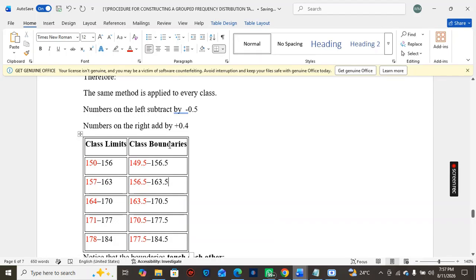The numbers on the left, subtract 0.5. Then the numbers on the right, add 0.5.